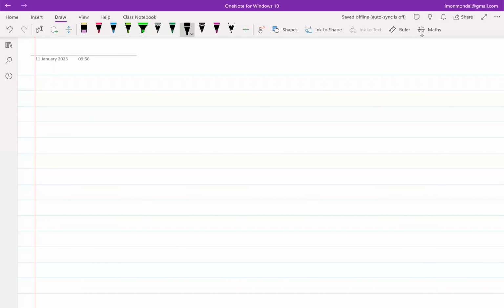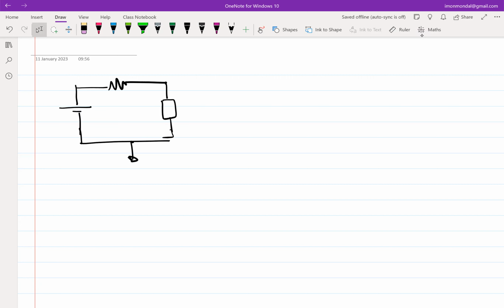So a very quick recap of what we have been doing. Again, good old R and an element in the series. So this is VA, this is R. This is an element which has nonlinear IV characteristics.